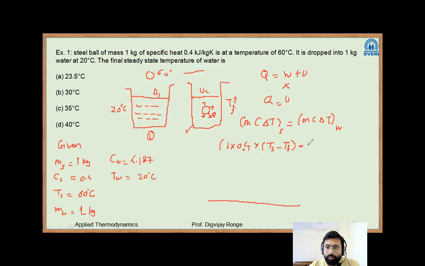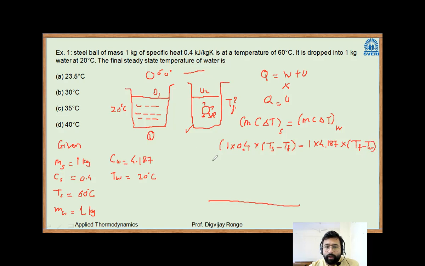Now this will be equal to the mass of water, which is 1, into its specific heat, 4.187, into delta T. In this case, I will take Tf first because I want a positive change in temperature. I'm not concerned with sign convention. I write Tf because we know that the water temperature will rise. Final temperature will be larger than initial. So Tf minus Tw.